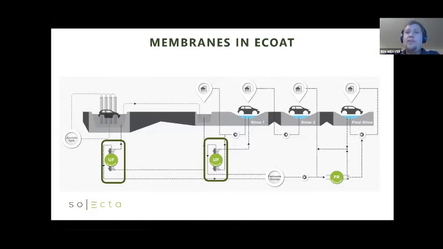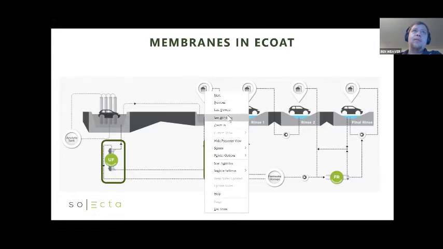But what UF was designed to do was really capture all the paint solids, or as many paint solids as possible, and return them to the paint bath so we're recovering solids, at the same time producing a very high quality rinse water for the rinse stages. And the benefit of this is that we have a closed loop system through this process.